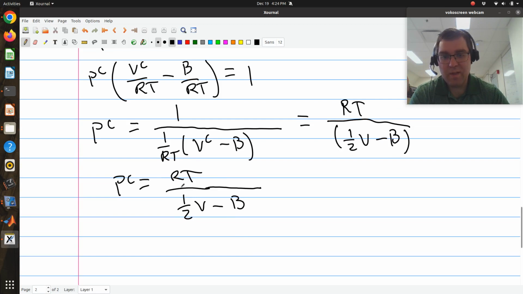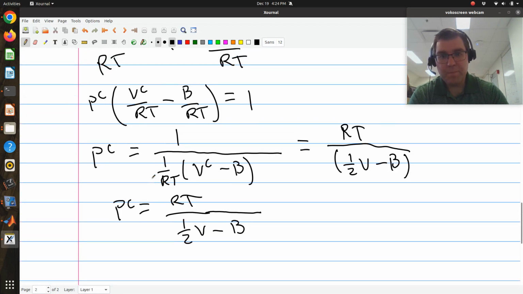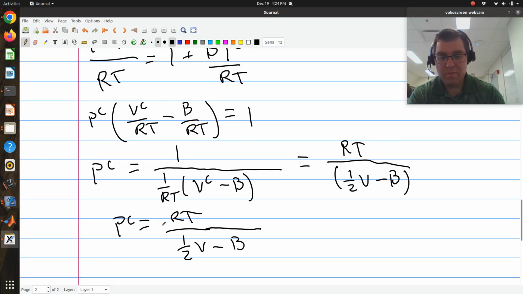So if we were to solve or rearrange our equations as we had in part A and B for our original system, we'd have P is equal to RT over V minus B, right? As I had VC here. So now, though, VC is being replaced with 1/2 V. Okay, and so I expect my denominator is going to become smaller, right?